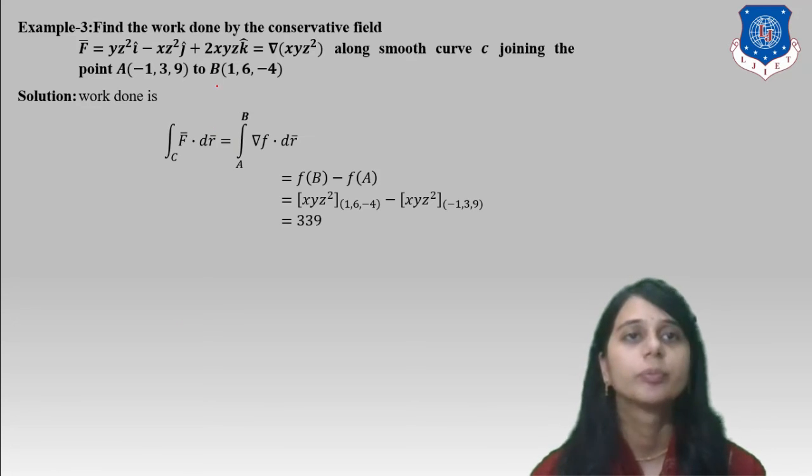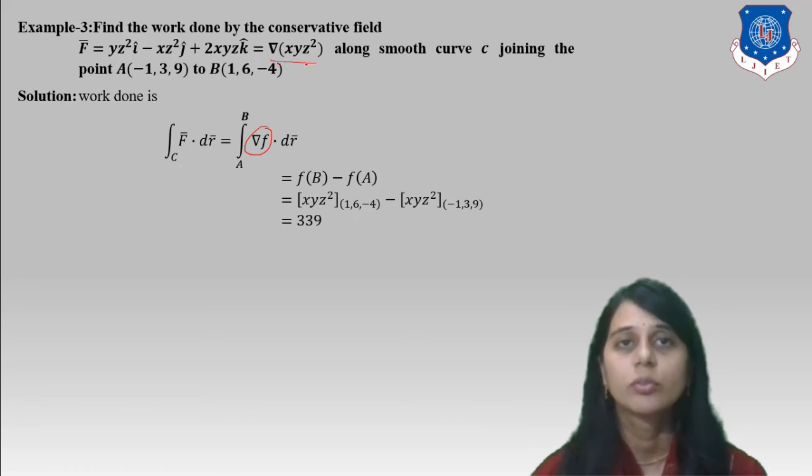Third example, find the work done by the conservative field along smooth curve C joining A minus 1, 3, 9 to B 16, minus 4. Work done is F bar into dr, A to B, this is the gradient of f, into dr bar, f of B minus f of A. What is f of B? f of B is xyz square.